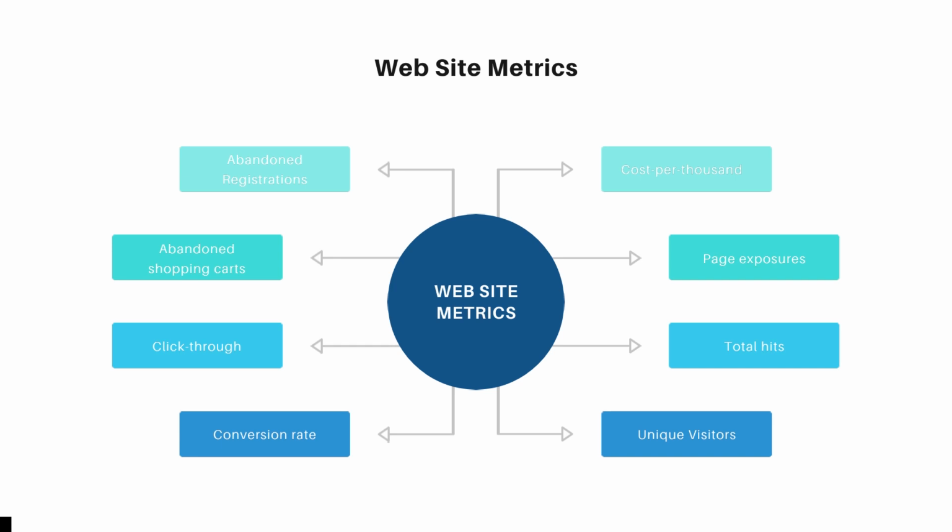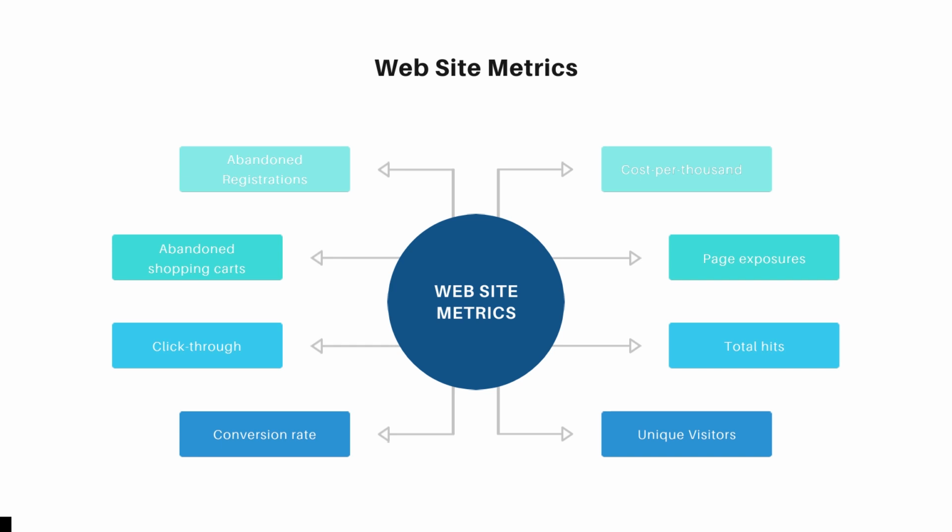Then we have click-through, the count of the number of people who visit a site, click on an ad, and are taken to the site of the advertiser. Conversion rate, the percentage of potential customers who visit a site and actually buy something. Cost per thousand, CPM, sales dollars generated per dollar of advertising.